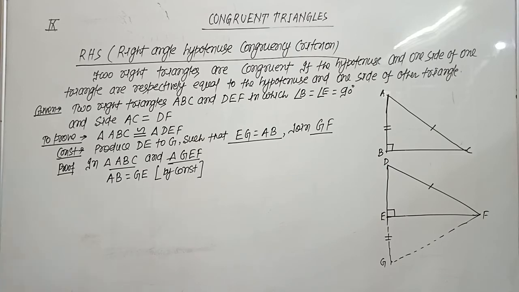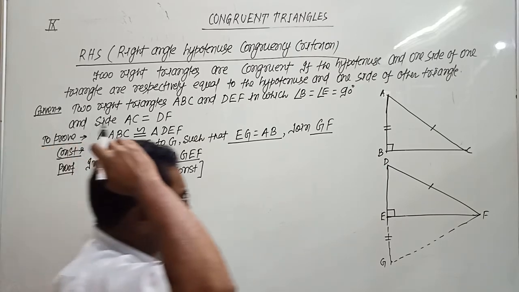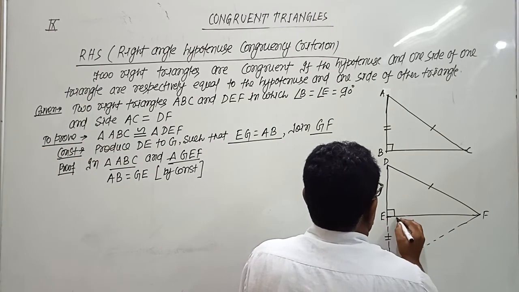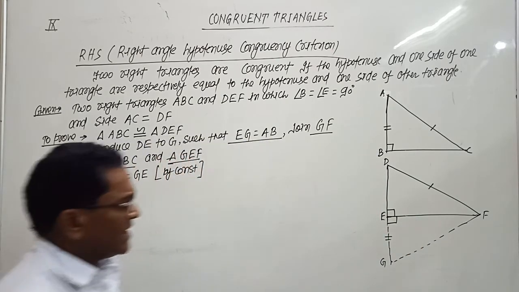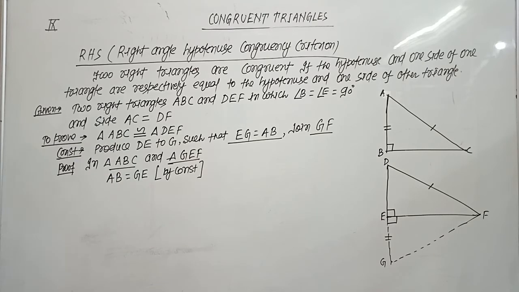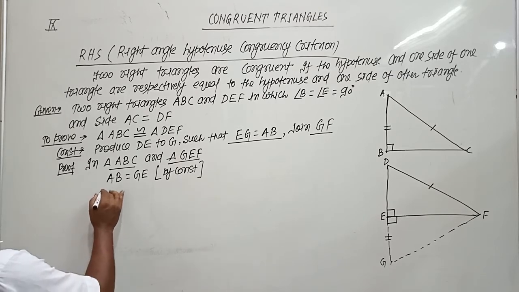And if this angle is 90 degrees, then this must be 90 degrees. So angle ABC equals angle GEF equals 90 degrees.